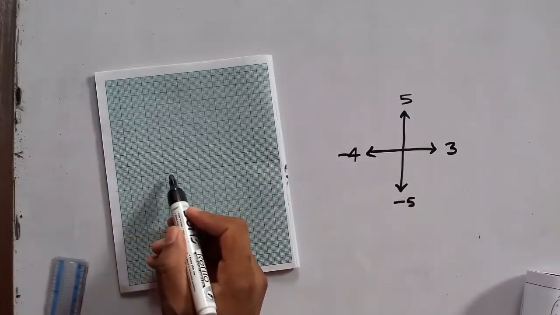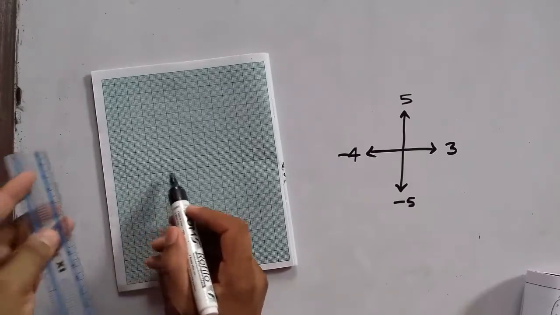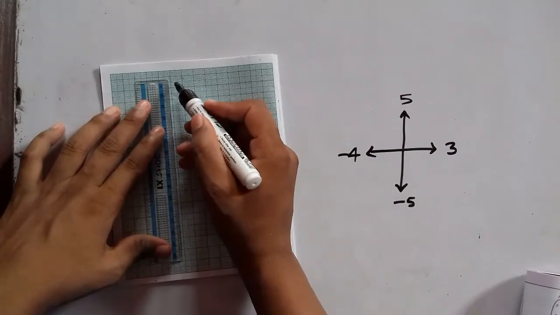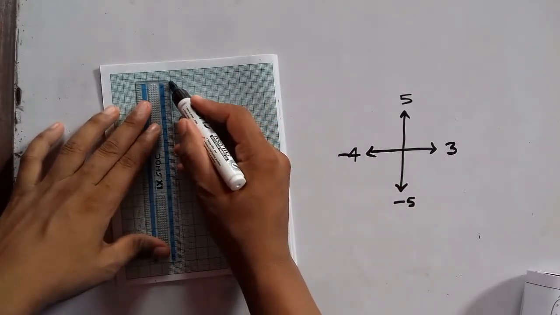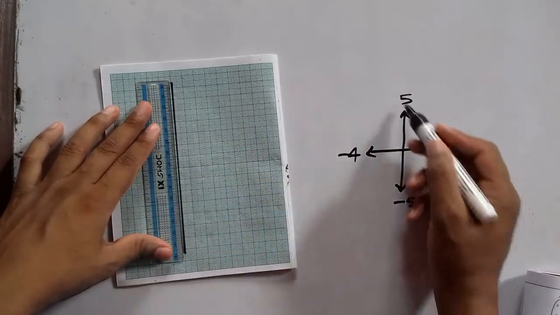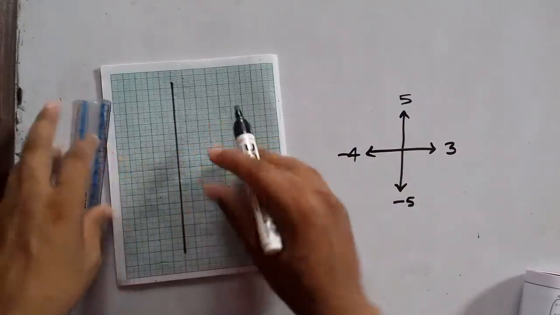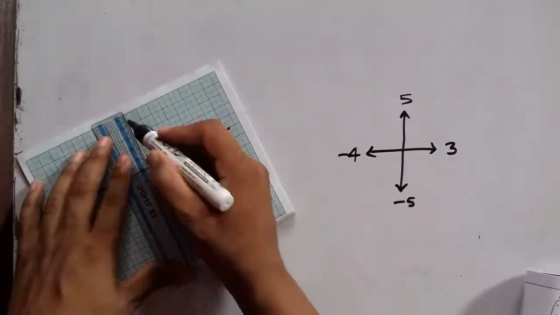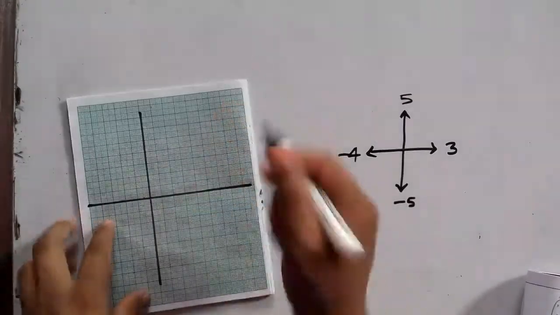I am leaving 5 units here, 2, 3, 4, 5, and up is 5, so 1, 2, 3, 4, 5. This much is sufficient.